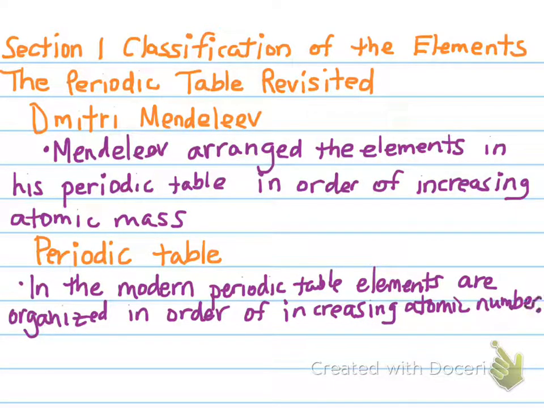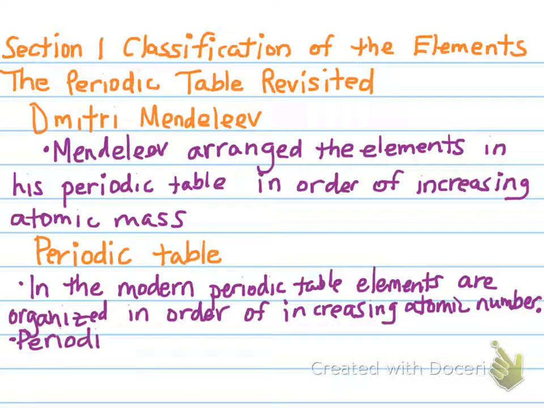So remember, and we've already been using this, our periodic table today has all the elements in order by atomic number. The atomic number tells you the number of protons in the nucleus of an atom. In a neutral atom, it's also telling you the number of electrons.